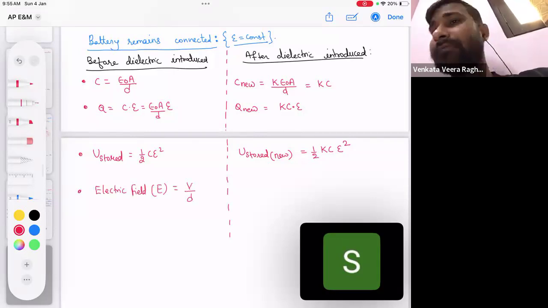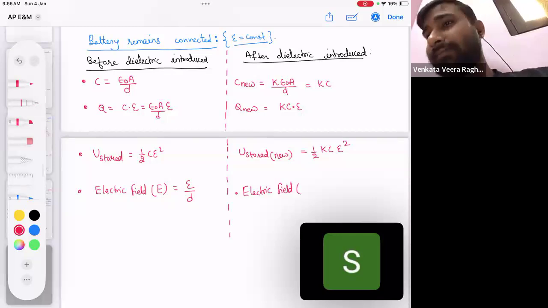It is the voltage difference applied divided by D. What is the voltage difference we have applied? The voltage difference is nothing but the EMF. What is the new field? Can you tell me? What is the electric field, new value after introduction of dielectric? Electric field did not change.